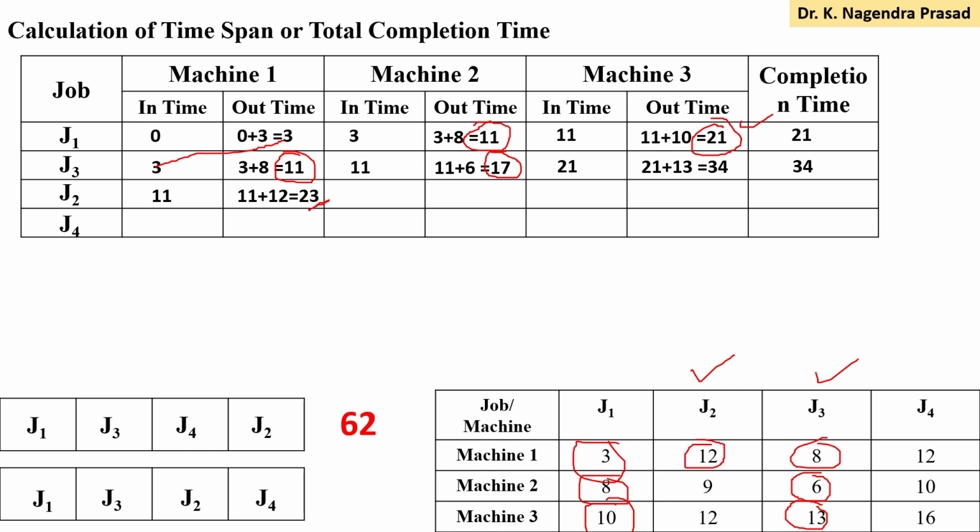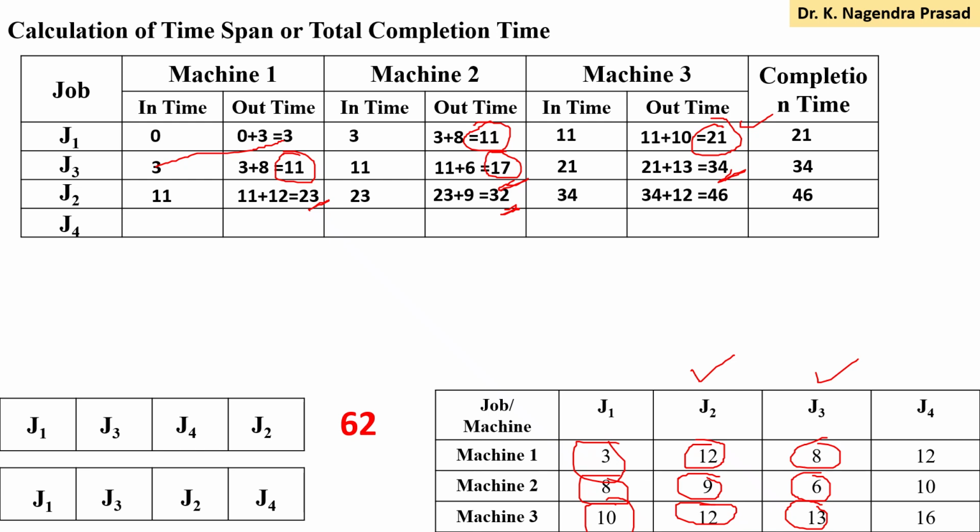And next, between 23 and 17, the maximum is 23, and the out time will become 23 plus 9, which is equal to 32. So next, among 32 and 34, the maximum is 34. So 34 plus the processing time 12, so 34 plus 12 is equal to 46. So the total completion time for job 2 is 46.